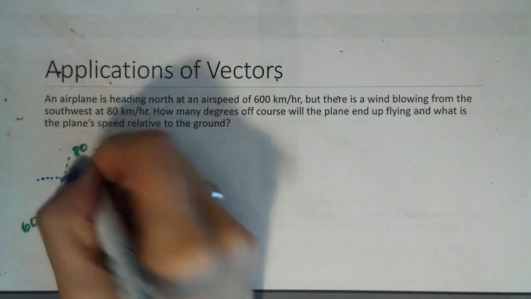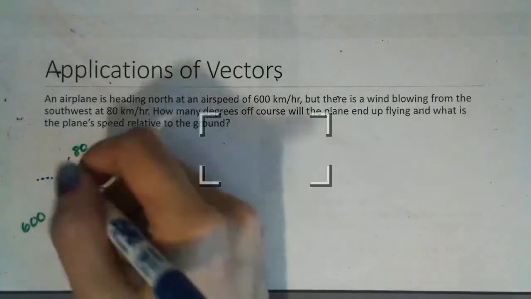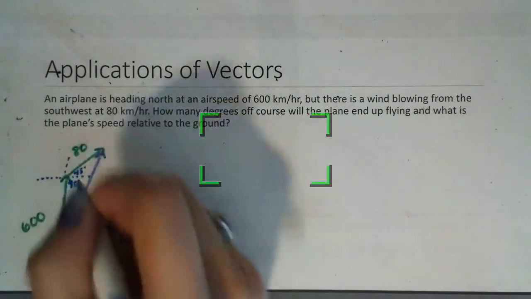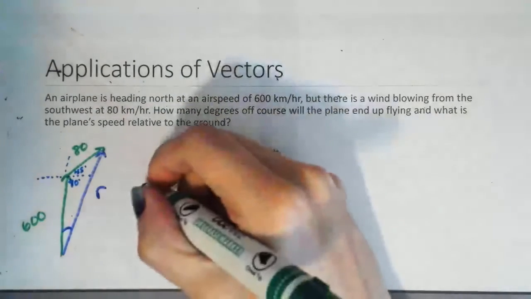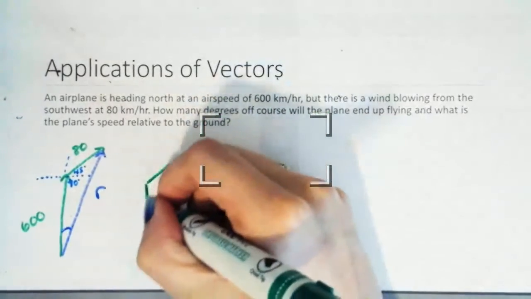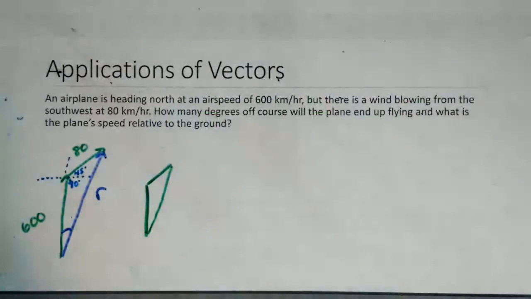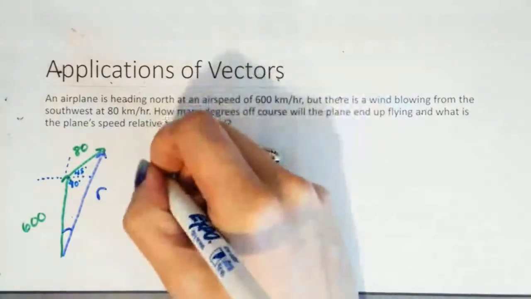This angle right here is 45 degrees, but this angle down here is 90 degrees. That means if I redraw this whole triangle, we get 135 degrees here.